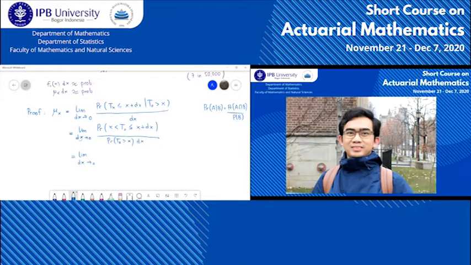So this probability, we can change into the cumulative distribution function, which is capital F sub 0 of x plus dx minus capital F sub 0 of x, divided by S0 of x times dx.